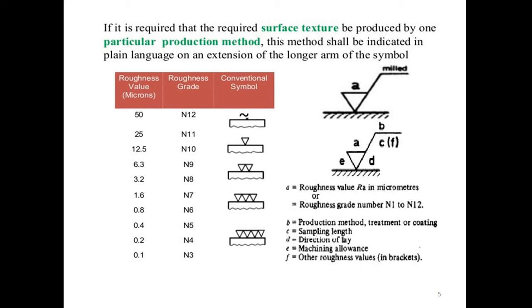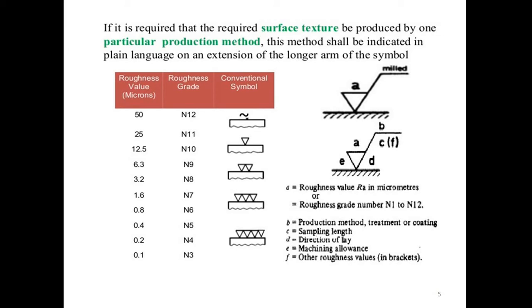Then for Ra values from 6.3 micron to 25 micron, that is 25 micron, 12.5 micron and 6.3 micron.